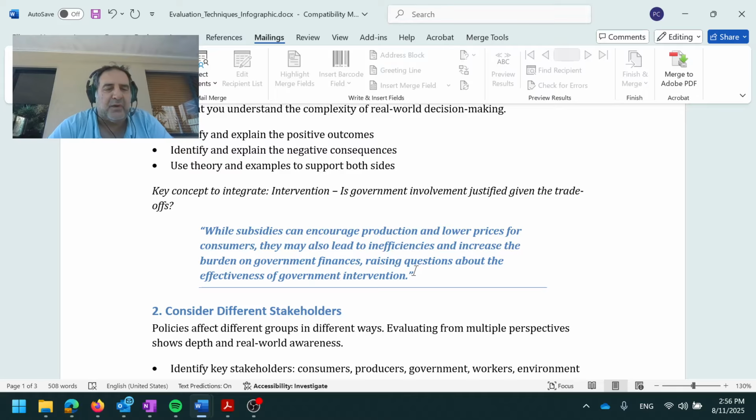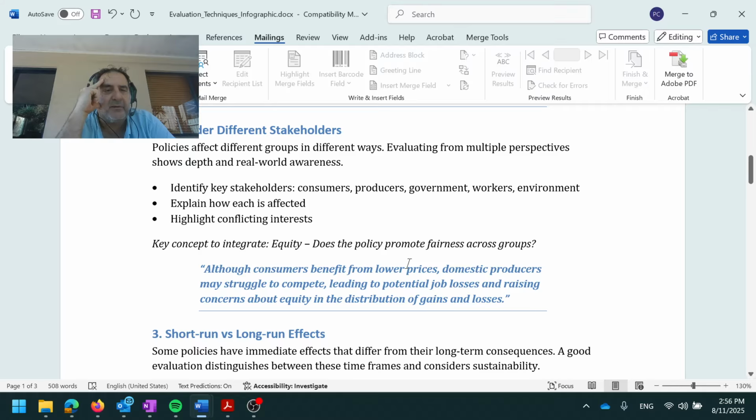Okay, second point there, consider different stakeholders. Yeah, excellent. I mean, that could be one of the themes of your evaluation paragraph. The general theme could be, you know what, I'm going to unpack the winners and losers of a particular policy, and there you actually drill down to the specifics. In particular, you could focus on the impact on consumers or producers or workers within a particular industry or particular market.